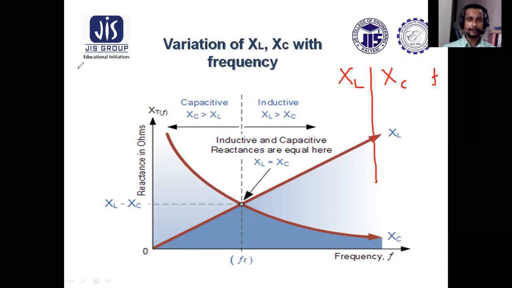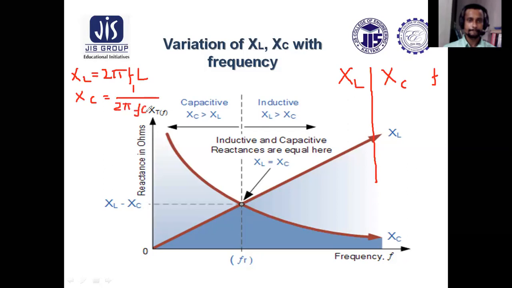We all know XL equals 2 pi FL and XC equals 1 by 2 pi FC.